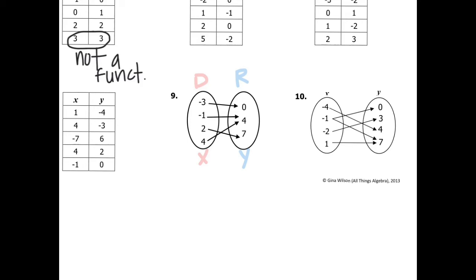So if I look at this, I can see that -3 only calculates a 0, -1 only calculates a 4, 2 only calculates a 7, and 4 only calculates a 4. Because each of these numbers only has one arrow, one match for the input, this is considered a function.